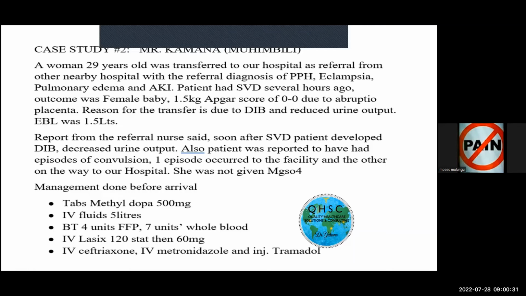Maybe the patient was overinfused and was having very poor urine output. I think sometimes we are stuck when we have these kinds of patients. They have poor urine output and they have eclampsia and they bleed. You have to give fluid.